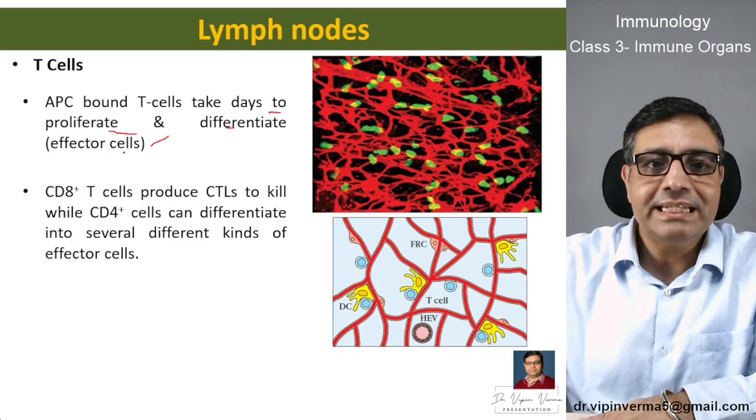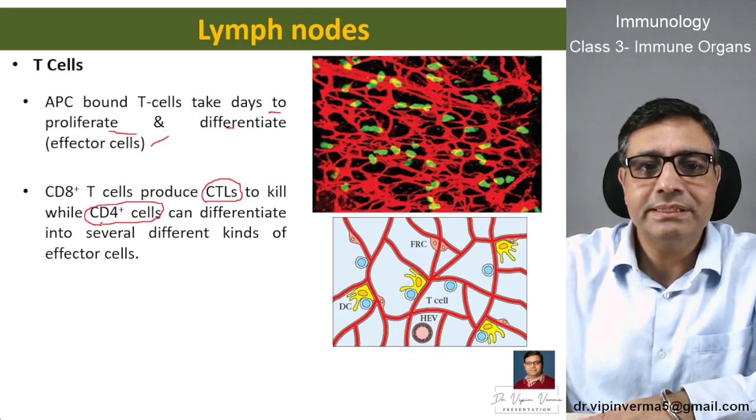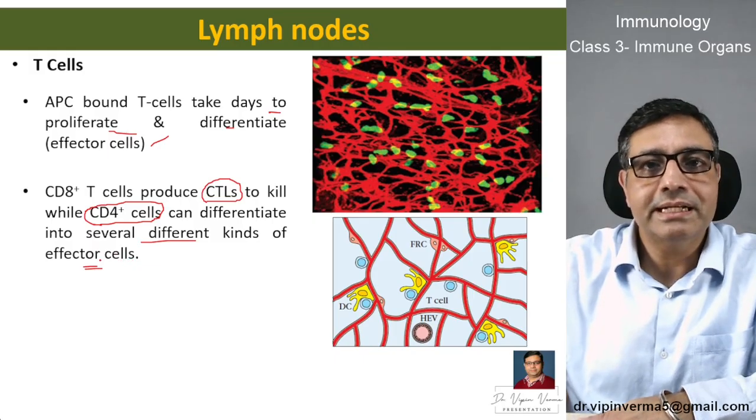CD8 positive T cells produce the CTLs, the cytotoxic T lymphocytes, to kill, while CD4 positive cells, which are the helper cells, can differentiate into several different kinds of effector cells. We have seen a few subsets of the T helper cells in the last class.